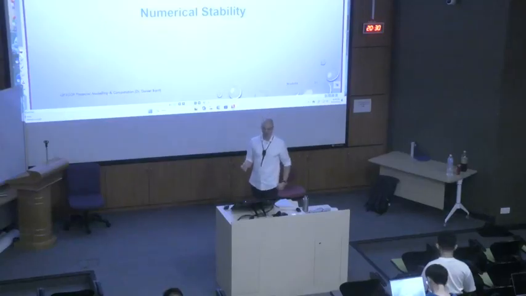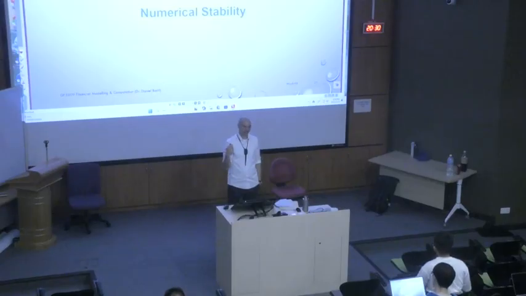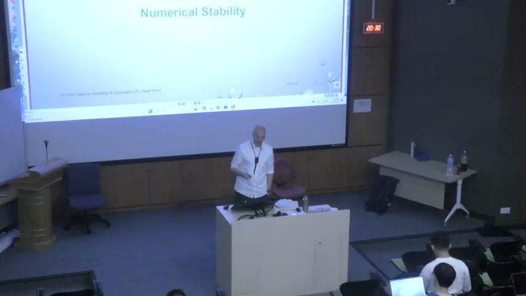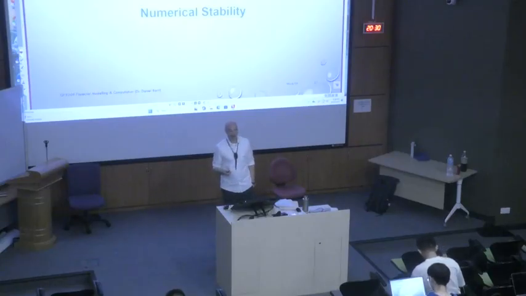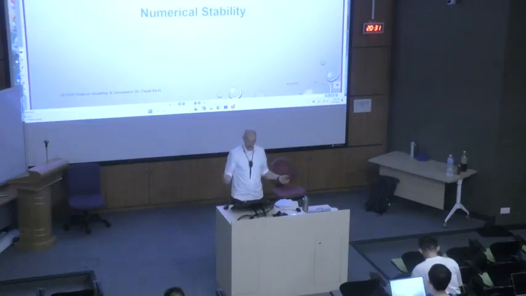Numerical stability concerns the question: is that method compatible with the PDE we're facing? If it's not, you need to be very careful that the specific parameters are chosen correctly and so forth. It's very unstable.